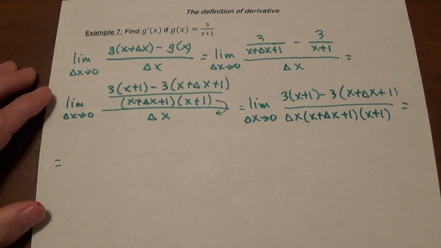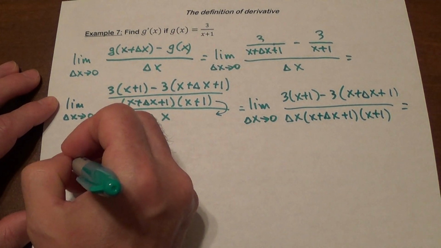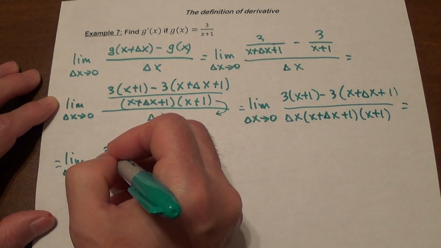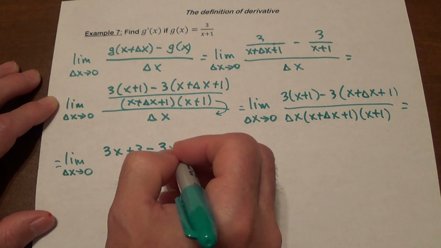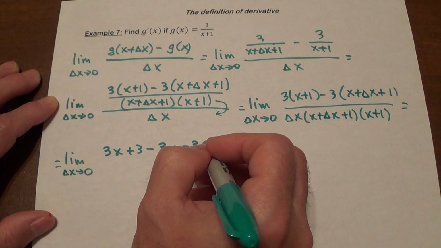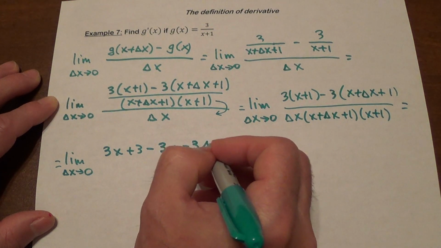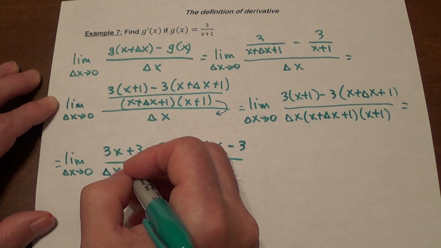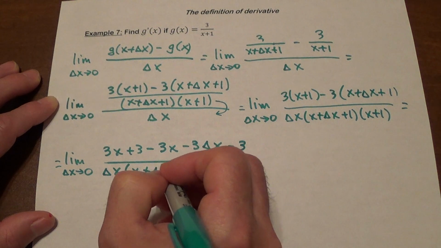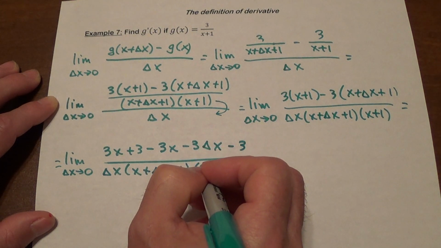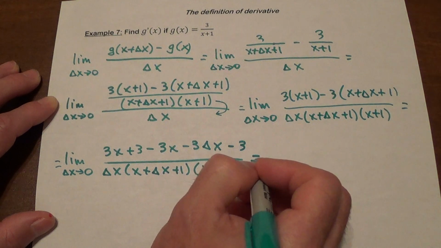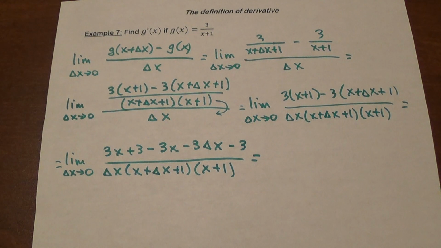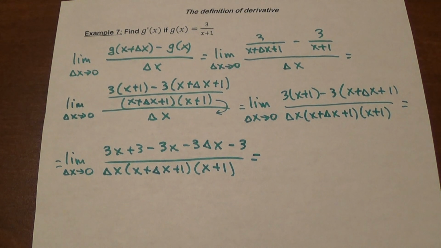Okay. And now let's work out the numerator, because that's the one where we can simplify things. So it's 3x plus 3 minus 3x minus 3 delta x minus 3, over all that scary looking denominator. Don't worry about it, it's not really that bad. So, as I mentioned with the previous problem, if this is done correctly, all your terms without delta x must cancel.